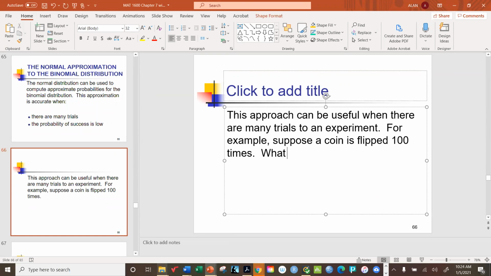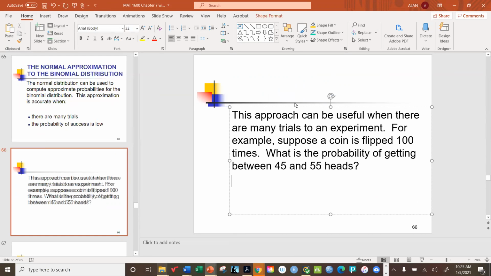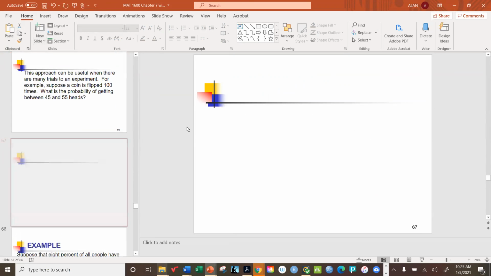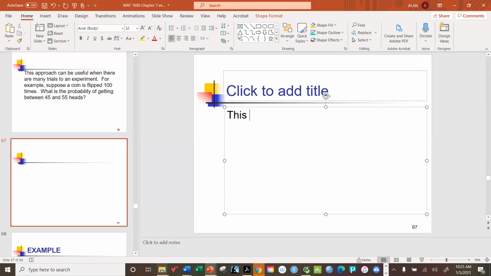What is the probability of getting between, let's say, 45 and 55 heads? Now, using the binomial distribution, we know how to do this. It won't be that difficult because all you're really doing is this. So you go ahead and you apply the binomial distribution to each of these probabilities and add them up.